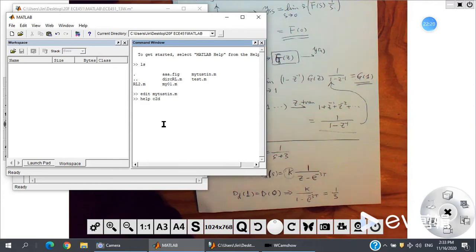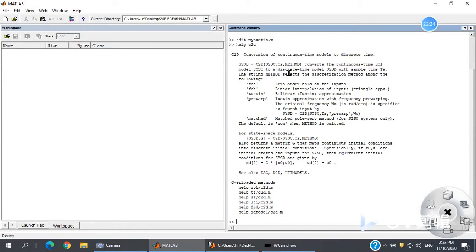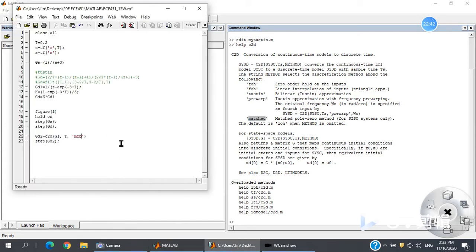C2D. Oh, just match. Oh, okay. Match the pole zero method. So it's an MPZ. Match. Okay, here's match. Okay, then let's run it.